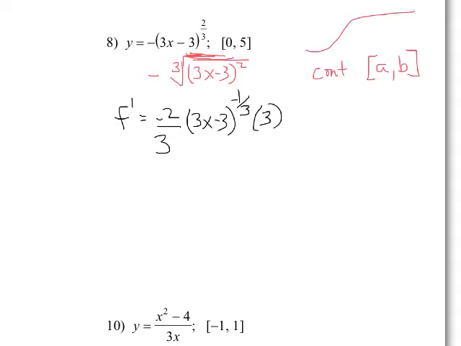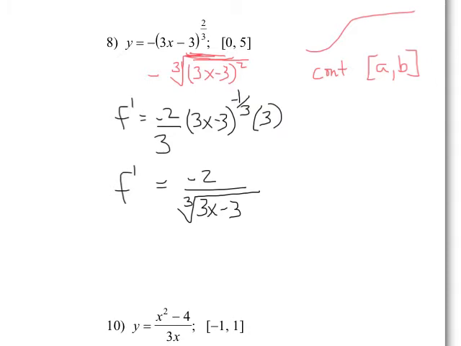And if we simplify our f prime, we're going to get negative 2 over the cube root of 3x minus 3. And here we might have the possibility for it being not differentiable, because we're not allowed to have zeros in denominators. So if there's a value that makes this denominator 0, then it will not be differentiable at that point.